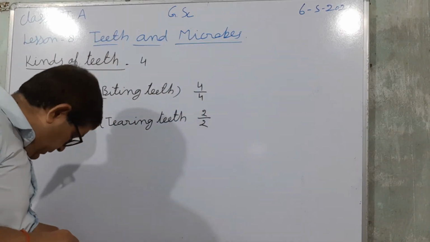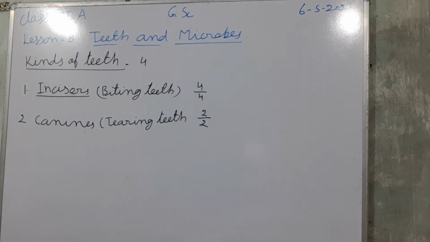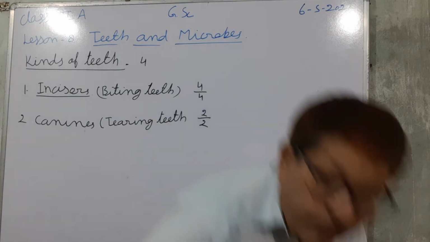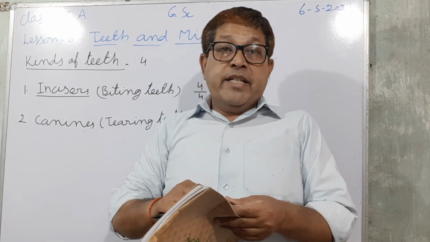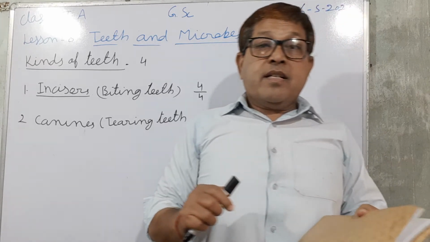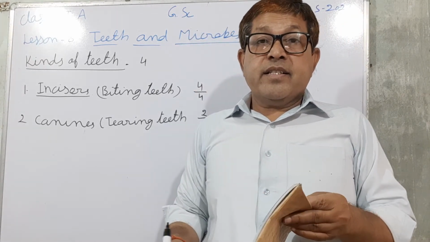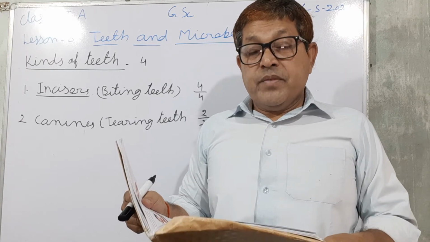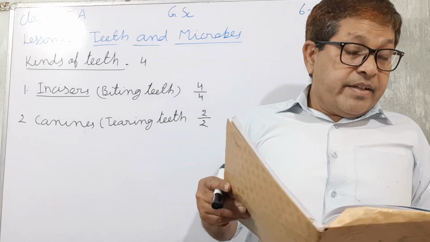Its function is tearing the food. It is meant for the tearing of food. It is well developed in carnivorous animals like dogs, lions, tigers, etc.